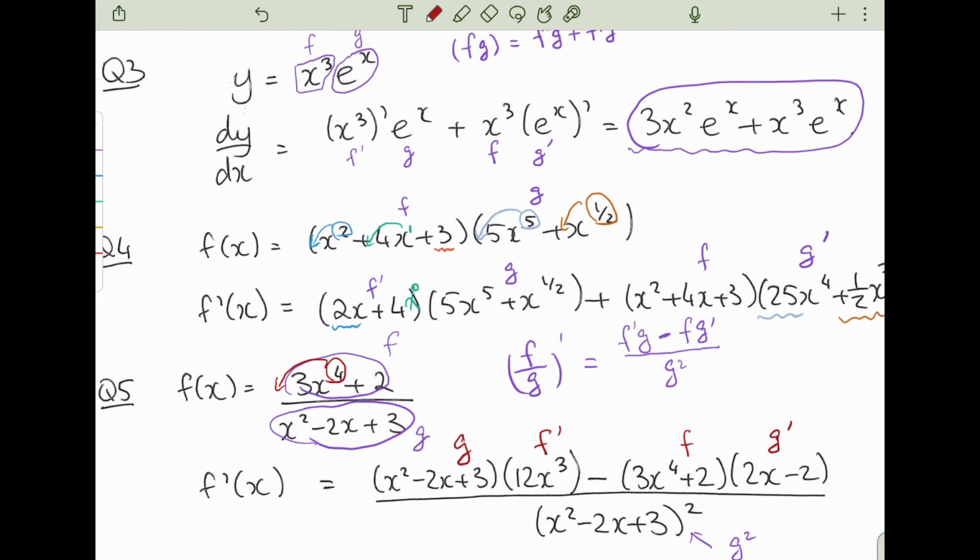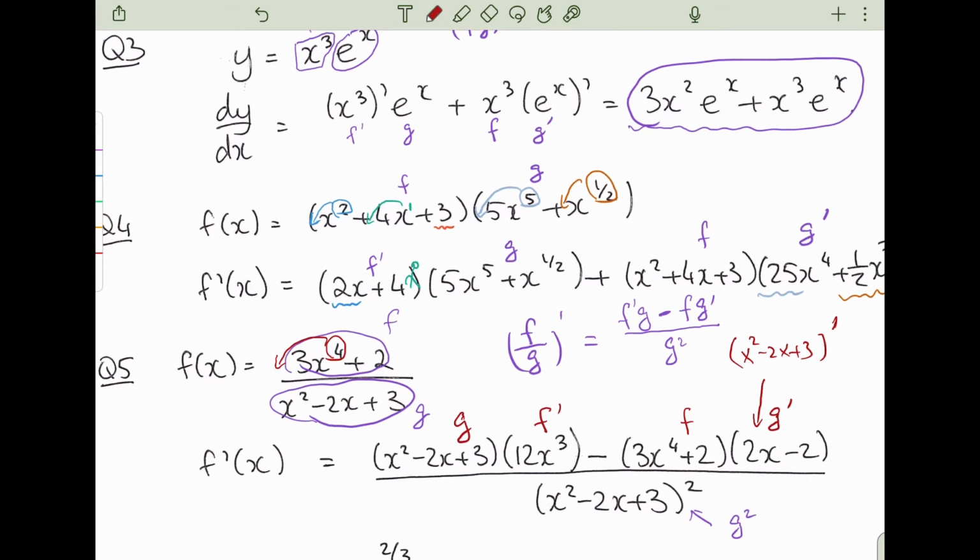And for g prime, that is the derivative of x squared minus 2x plus 3, right? That is g prime. It's also straightforward. And for the denominator, we don't have to do anything.